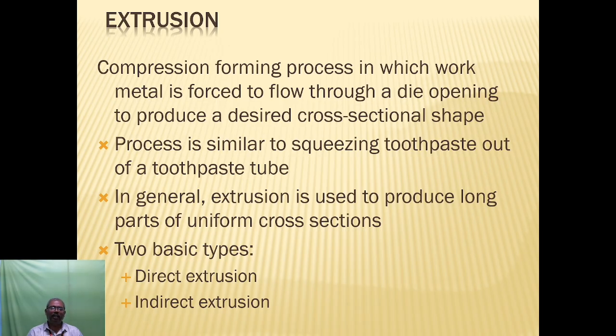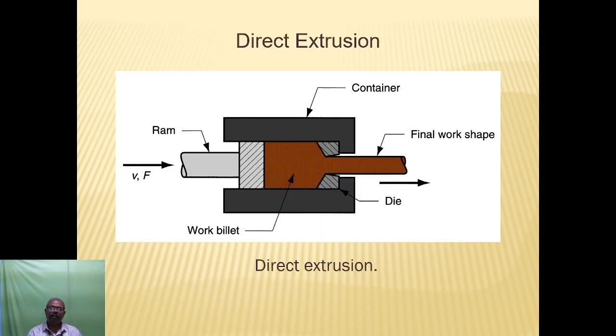So in general, extrusion is used to produce long parts of uniform cross sections. There are two basic types of extrusion. One is direct extrusion, another one is indirect extrusion. In the direct extrusion, the first part is the container.